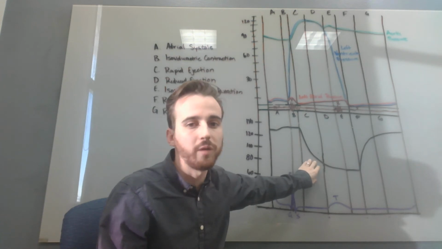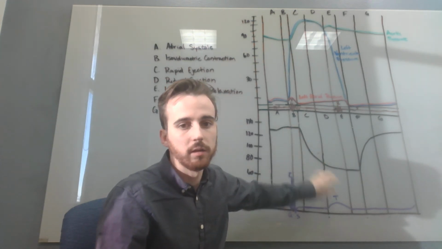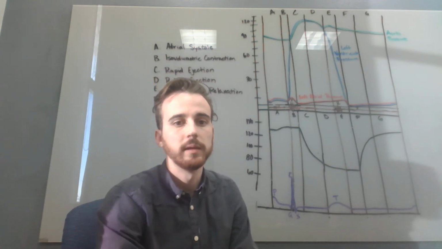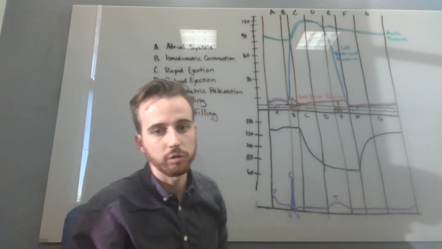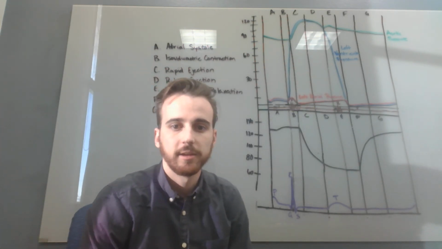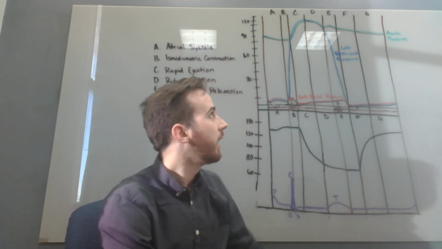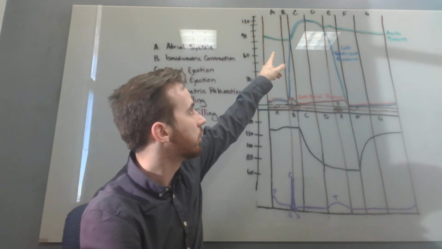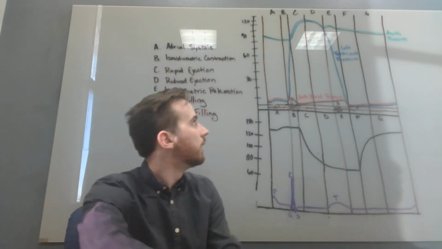Time course C is called rapid ejection. We're rapidly ejecting blood from the ventricles. In time course D, we continue to eject blood from the ventricles, but not as quickly as before. It's reduced ejection. And we see also associated with that reduced ejection, a reduced pressure, okay?